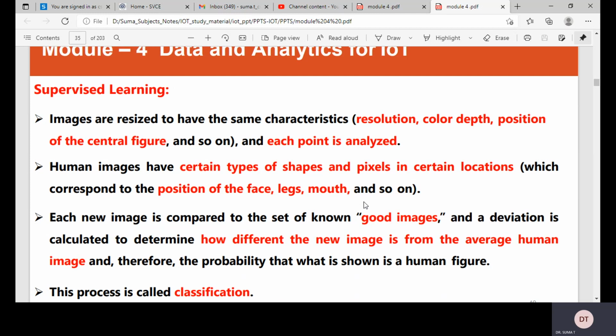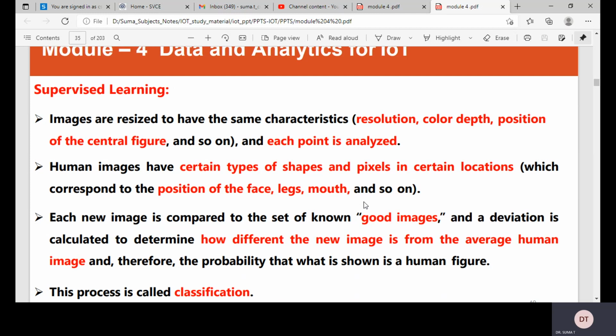Okay. So certain locations correspond to the position of the face, because animal faces will be in a different position, their legs will be in a different position, and their mouth will be in a different position, right?